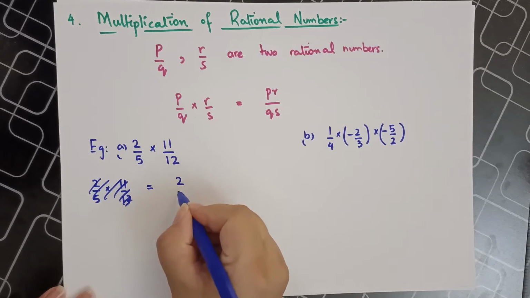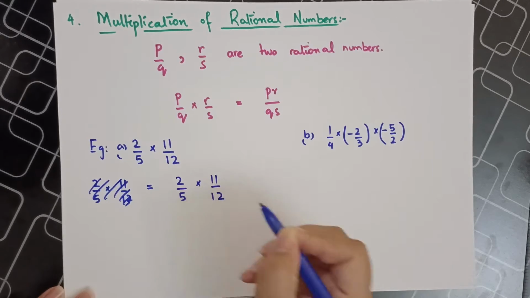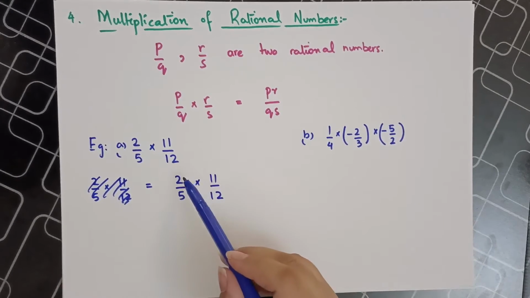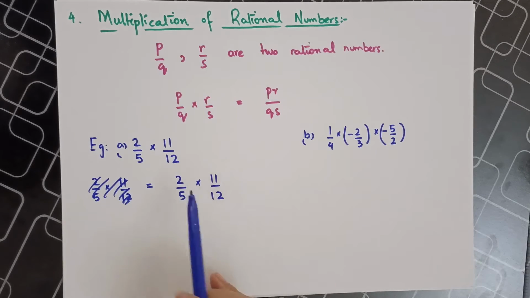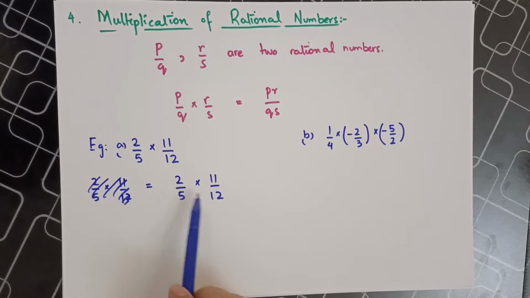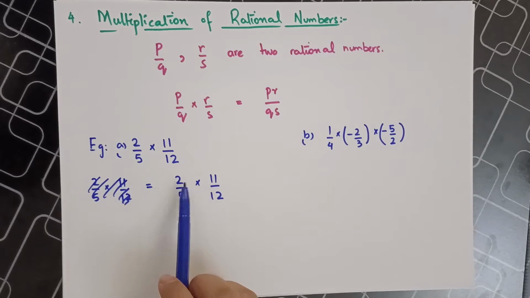Writing it as it is, 2 upon 5 into 11 upon 12. Here 2 and 5 are not divisible, and 11 and 12 are not divisible by each other. But if you look at the cross division, 12 can be divided by 2.